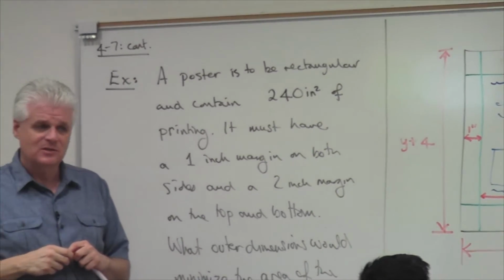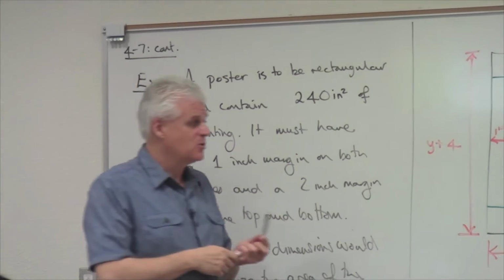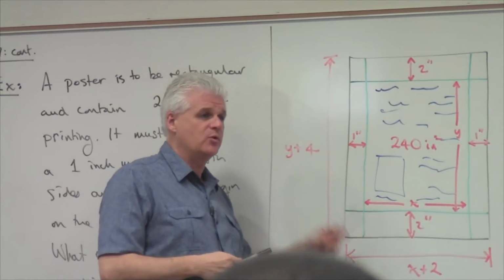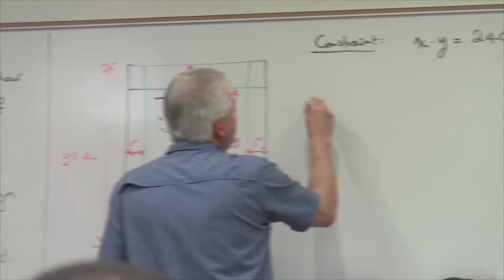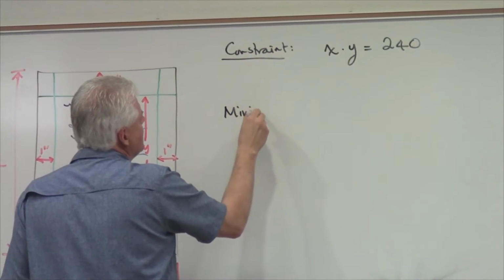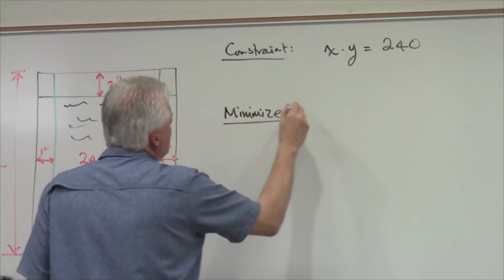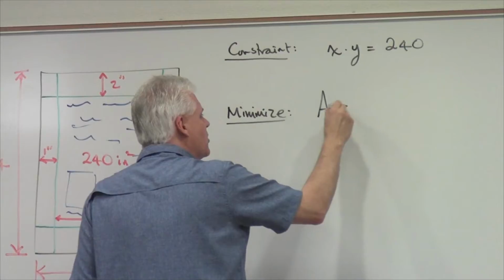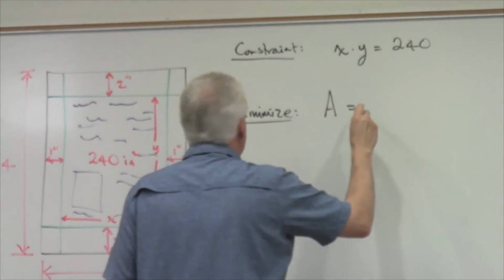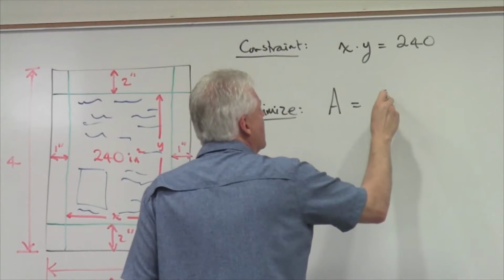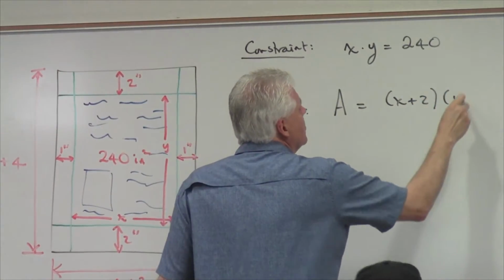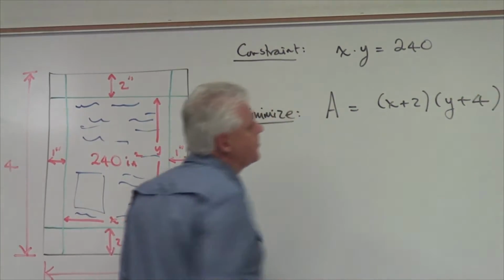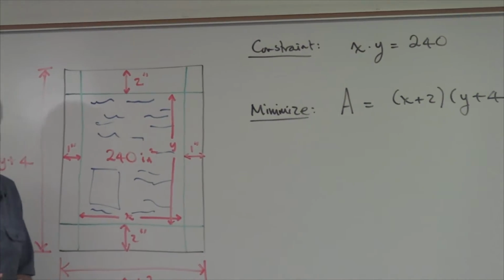Everybody making sense of this? So that's the thing we're trying to minimize, the product of those two. We're going to multiply them together. So minimize the area of the paper, I'll call it A, which is its width, x plus 2, times its height, which is y plus 4. Minimize the total area of the paper.